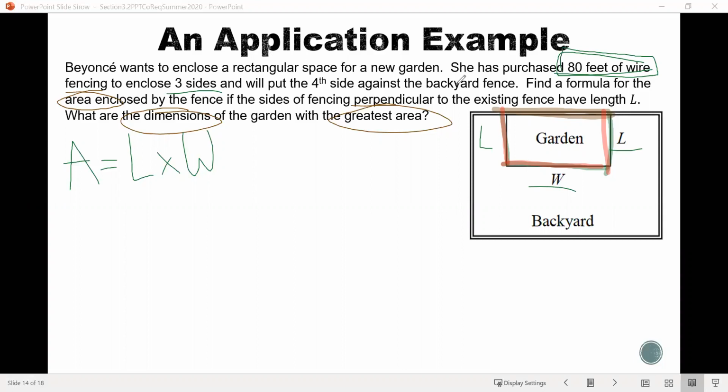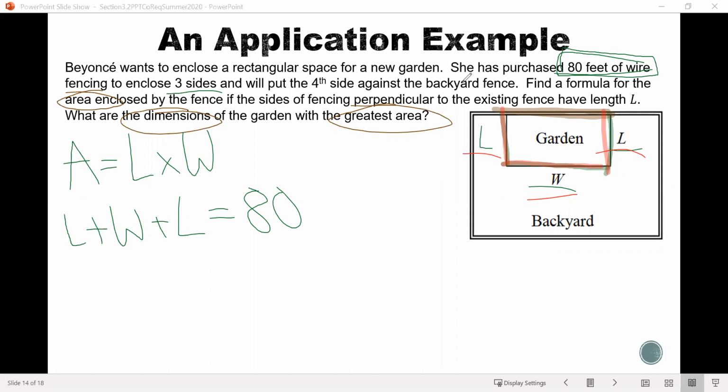So it looks like our distance around that we'll need wire is L plus W plus L. Okay, so again, just this amount plus this amount plus this amount. And because we have 80 feet of fencing, then the 3 of those added together will give us 80. Okay, so L plus W plus L equals 80, which hopefully makes sense because that's just what we're using for the fencing.